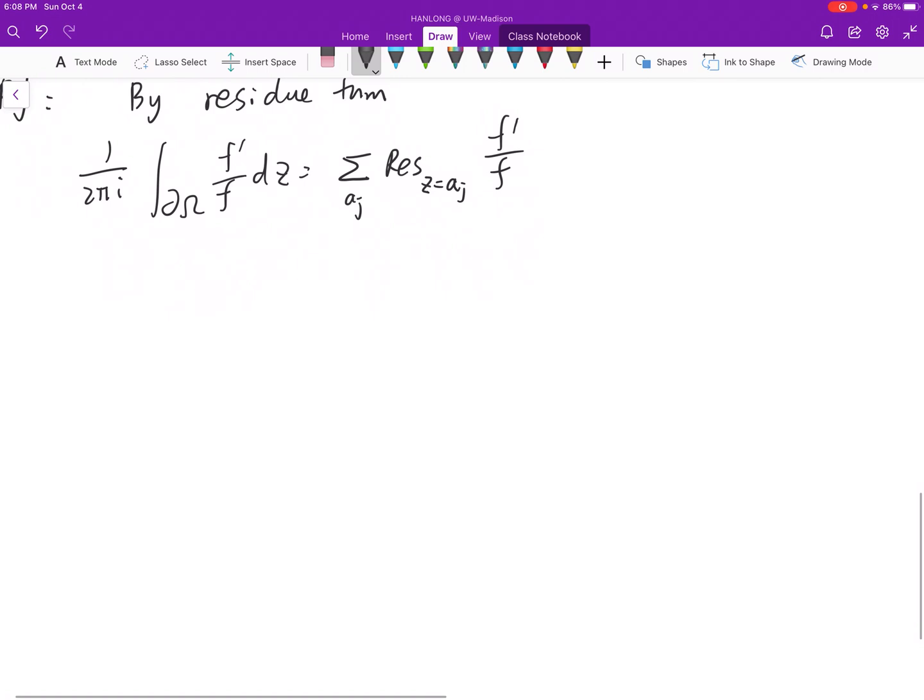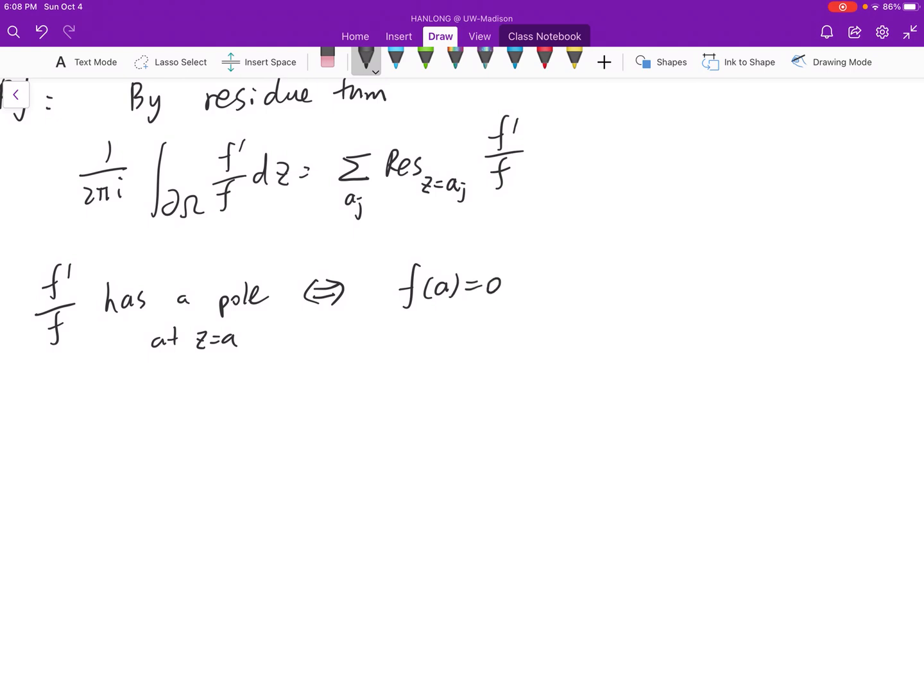And we know that f prime over f has a pole at a if and only if f(a) equals 0, because f is a holomorphic function.